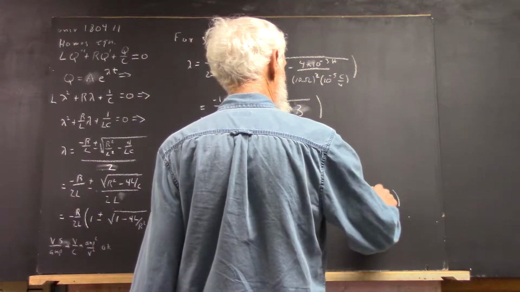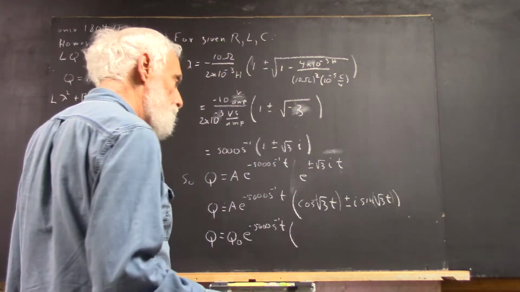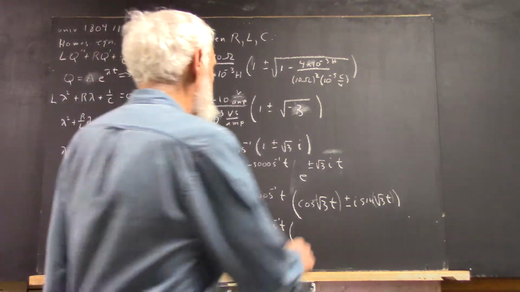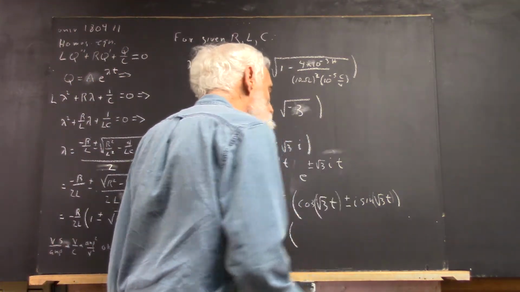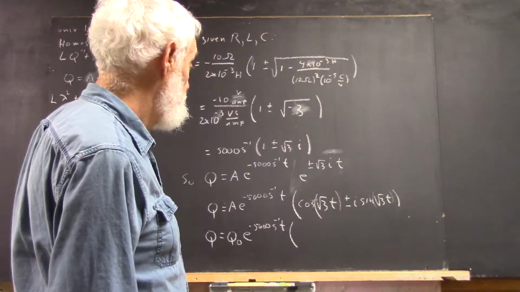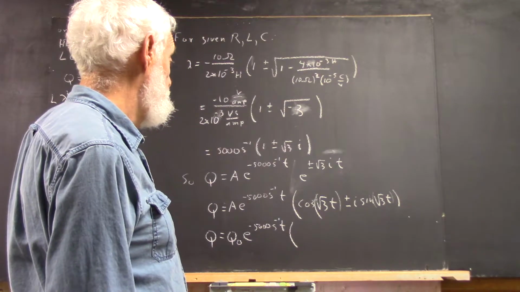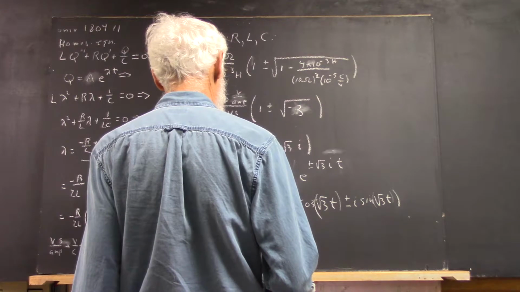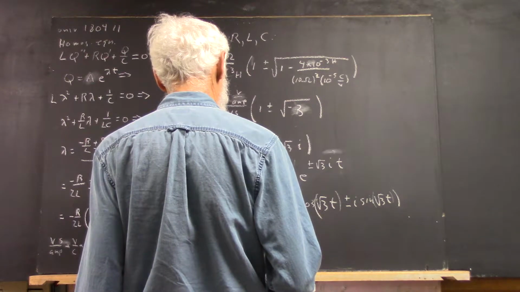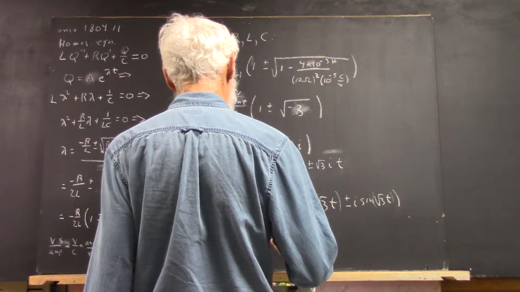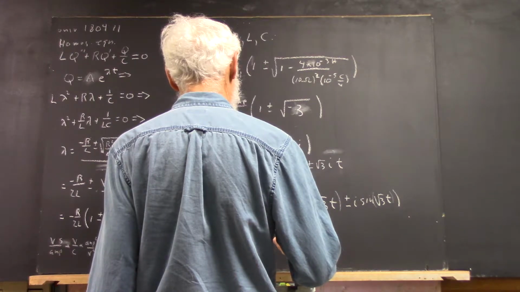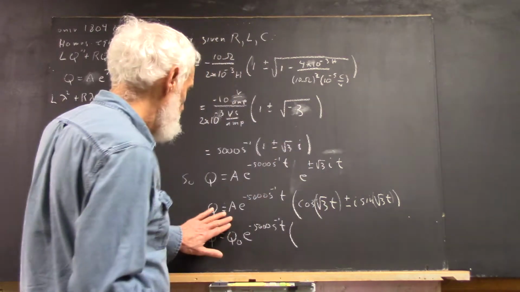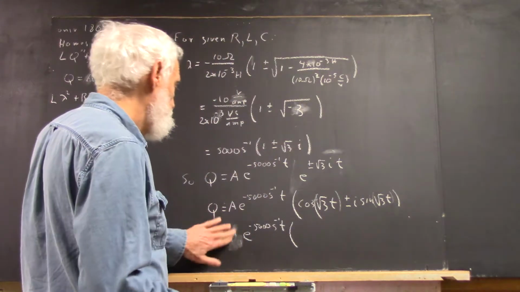Multiplied by, and I'll change the parentheses there. We're going to take the Q naught off of here.